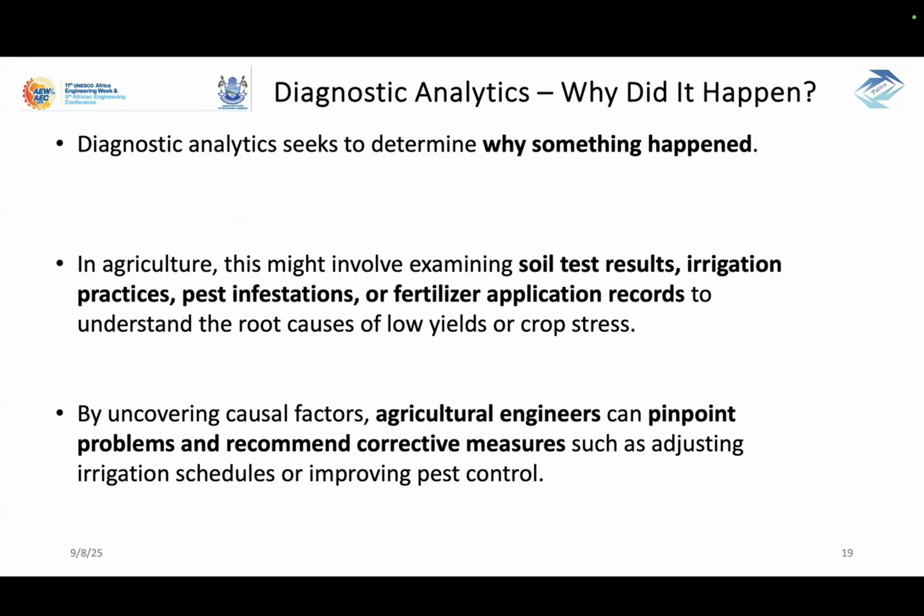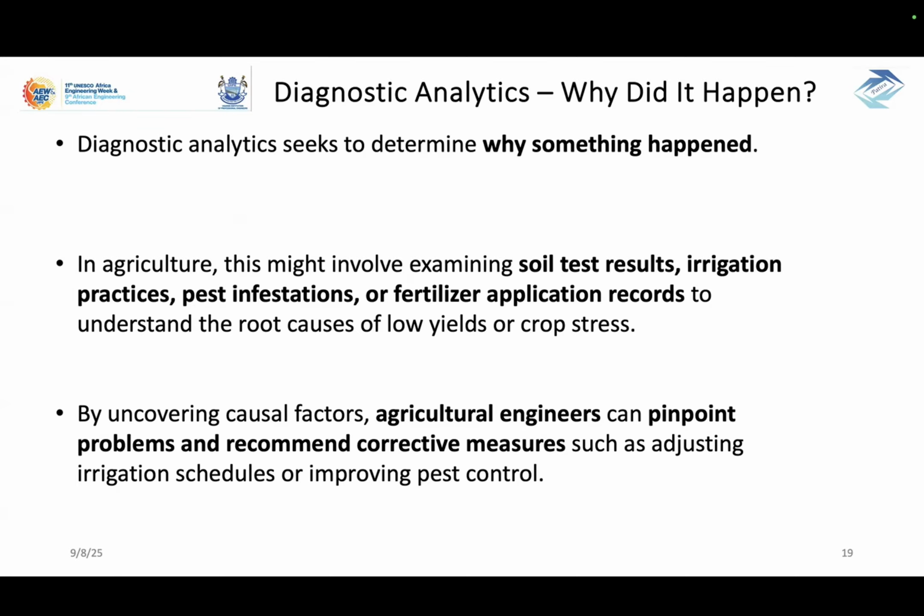Now diagnostic analytics asks, why did it happen? How do you find out? You can do a soil test, check your records of how you're applying irrigation, ask whether there was pest infestation, and look at your fertilizer application records. That's diagnostic analytics: why did the maize yield come down last year?